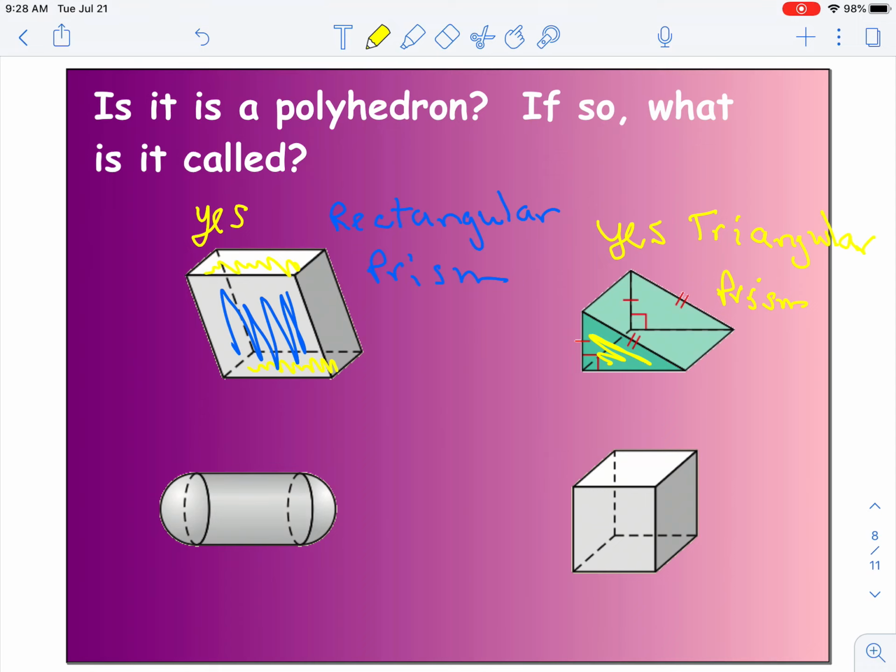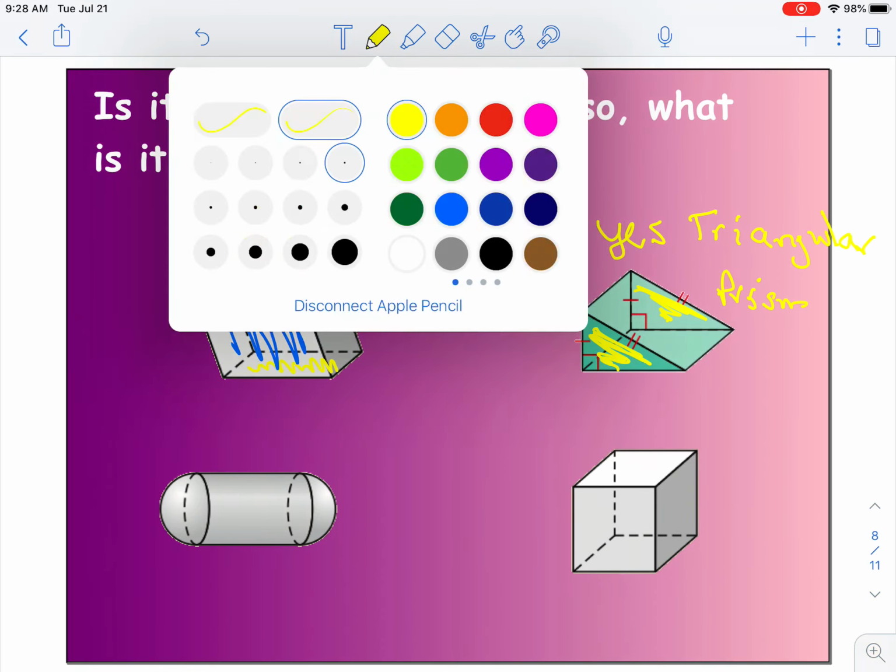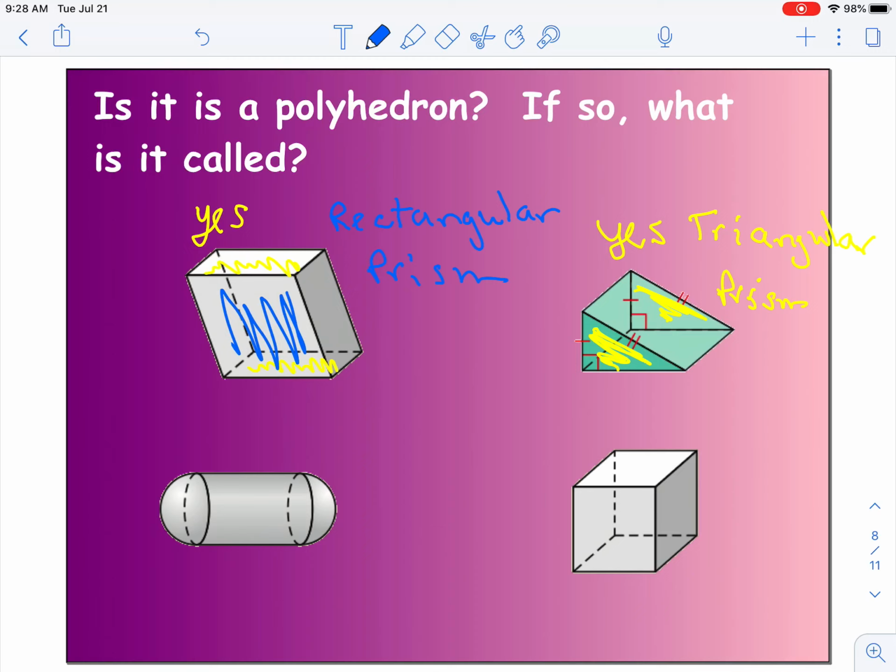Okay, so this one is not resting on the base. How do you tell? Well, again, look at the base right here. It has a parallel and congruent face with it, and all of the other faces are quadrilaterals. So if you look at this right here, that is a quadrilateral. Again, most of the time they look like rectangles.